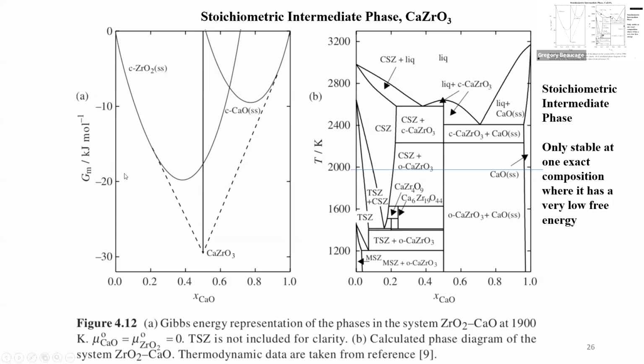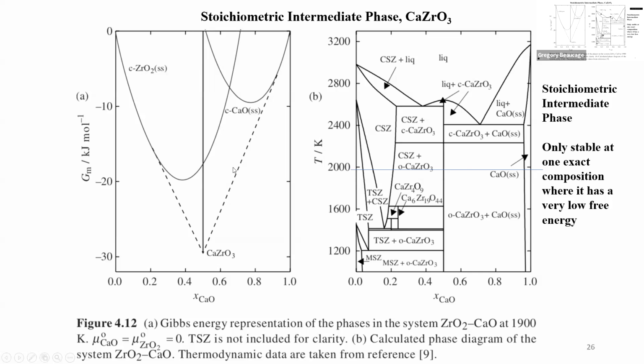Otherwise, if you deviate from that, then you have a tangent that goes from that point over to the other Hildebrand equation for the zirconia. Then you'll have the zirconia and that phase in equilibria, so you have a tie line between those two. This blue line is where that is, right?